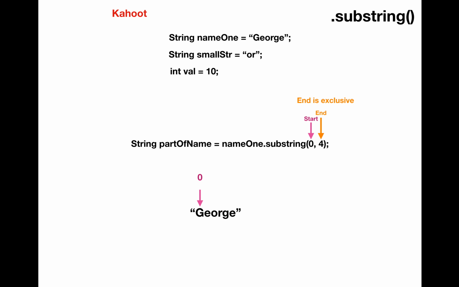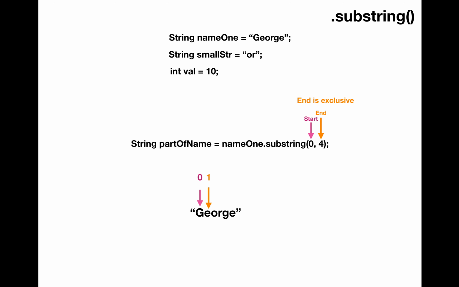If we look at substring, substring is another useful tool that lets us get a smaller string from inside a bigger string. In this case, what we're saying is, get me a substring of name1, starting at index 0 and ending at index 4, but don't include the letter at index 4. So what does that look like?